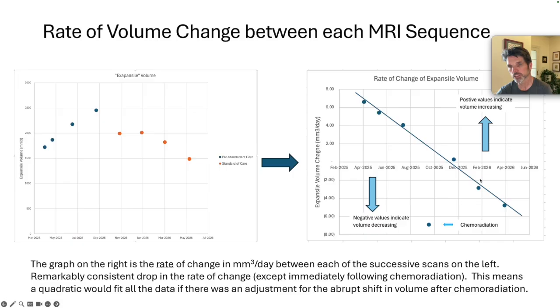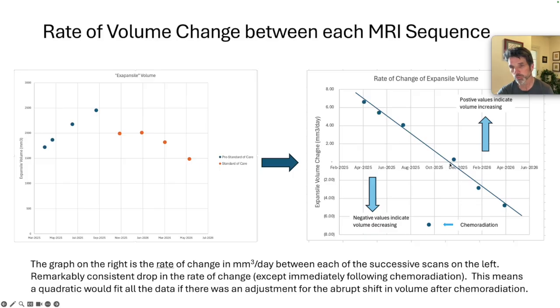But if you go back to this overall trend outside of that one data point, which is obviously for a very known reason why that occurred, the growth rate was decreasing prior to standard of care treatment, and the tumor is now shrinking and shrinking faster and faster. And all of those rates of change all fall on the same line, essentially. That I find absolutely extraordinary. And I really believe there is something biologically behind that fit.